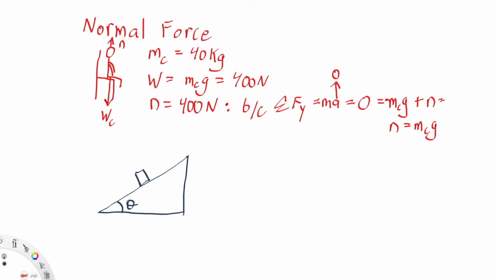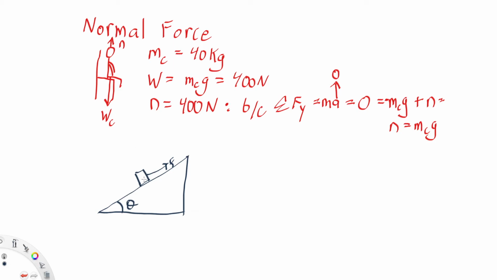So there's enough friction in play to hold it in place, and we're not going to worry about what's causing the friction just yet. That's going to be chapter 6. But we know that friction is a thing that exists, so we're going to say, there is some friction that's keeping it in place. And since the box would tend to move down the ramp, we'll say that the friction has to push up the ramp.